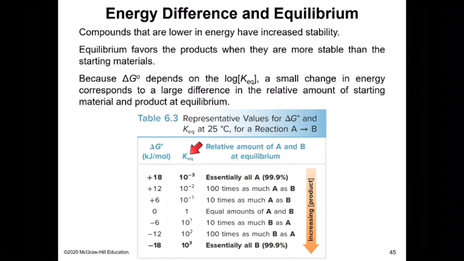However, if the equilibrium constant is greater than 1, then the delta G value is going to be a negative value, and this equilibrium reaction predominantly favors the formation of the products. And finally, if Keq is equal to 1, then delta G is going to be 0, and this tells us that the equilibrium contains equal amounts of A and B.